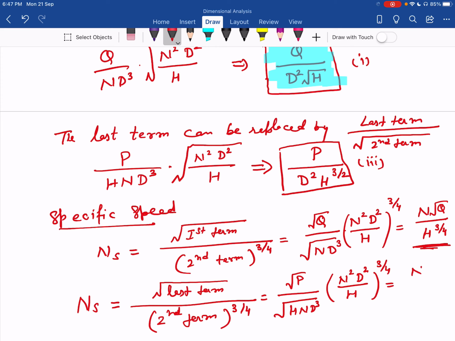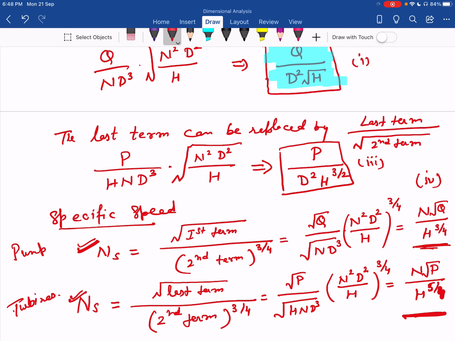So it comes out to be n under root of p divided by h raised to power 5 by 4. Now this is the other term I have. The upper term is the specific speed for pumps, I use that term for pumps. And the bottom one I can use for turbines. So this is the fourth term we have now.